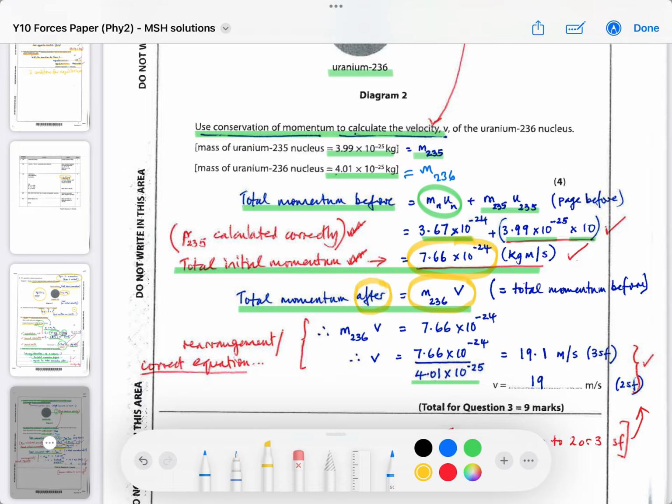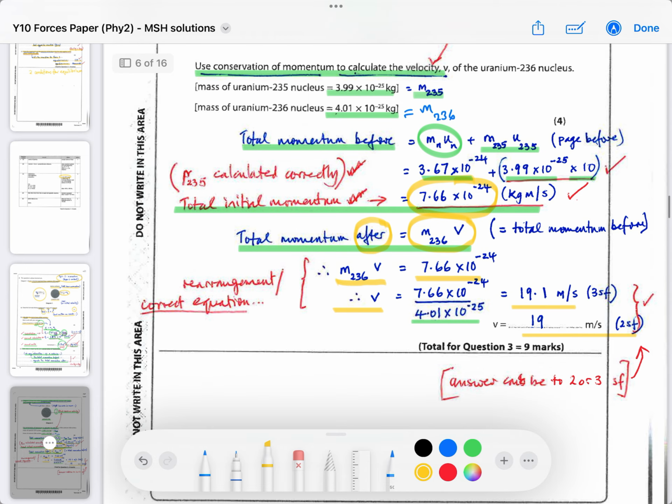So the mass times the velocity after must be equal to the momentum we just calculated before. Rearrange to get another mark. Put the numbers in correctly, you get 19.1. You can leave it to 3 significant figures, but it's common practice to round to 2 significant figures as well. So 2 or 3 significant figures will be acceptable in this case.